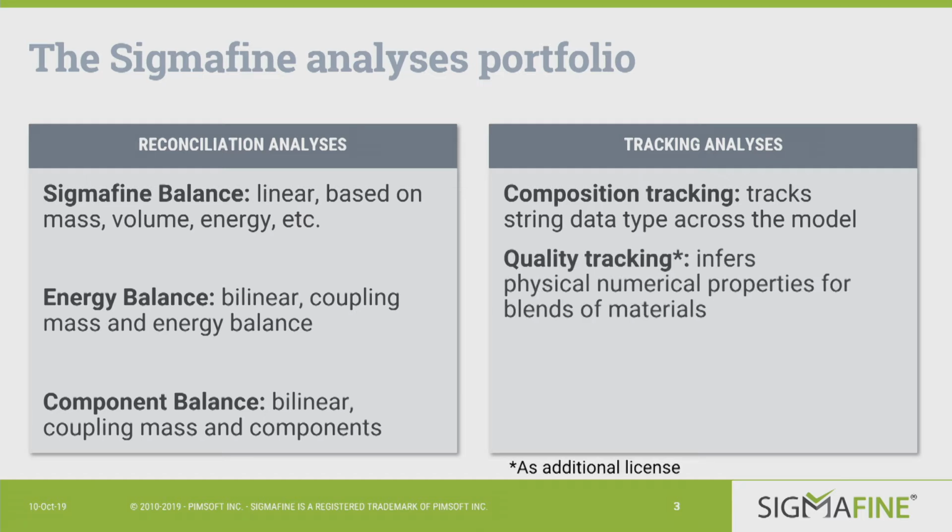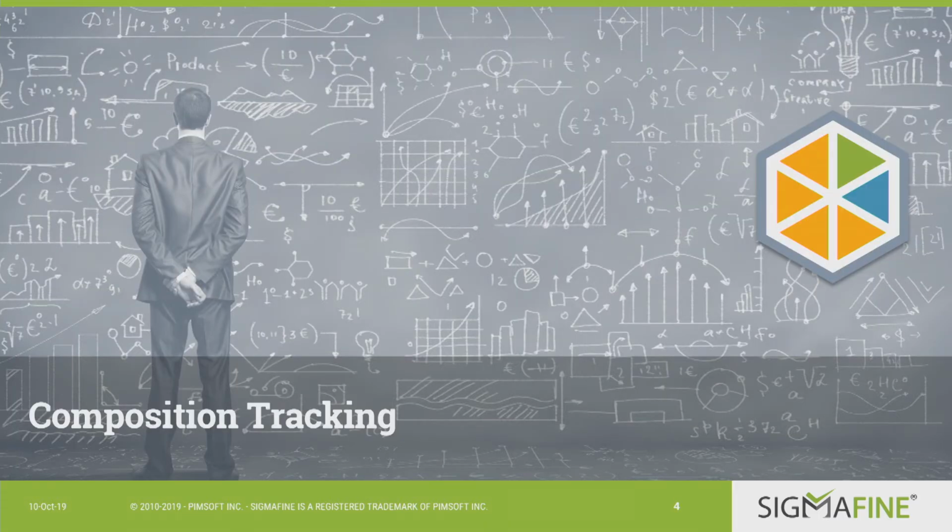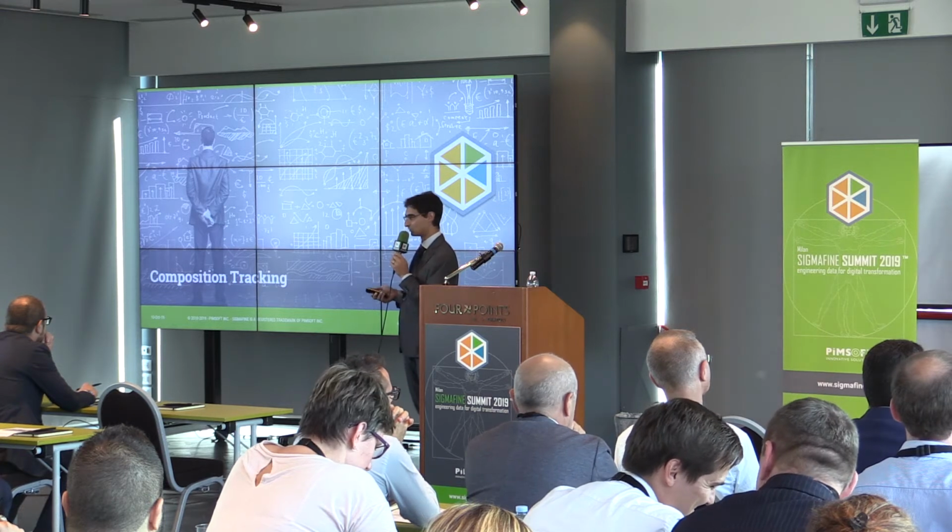And even more quality tracking to infer physical properties in places where they are not measured, or when you want an estimate and you're waiting from the lab to give you a result. So all of these, except the quality tracking, are already in your basic Sigmafine license, so you can use it from tomorrow.